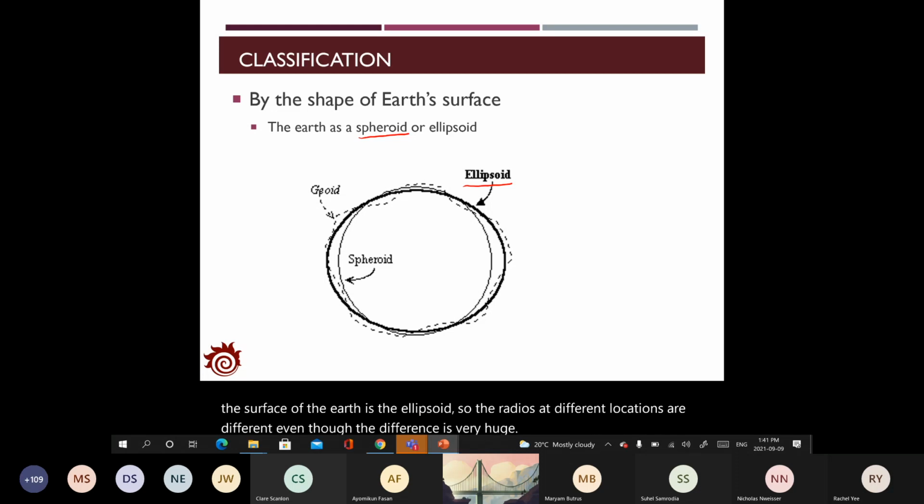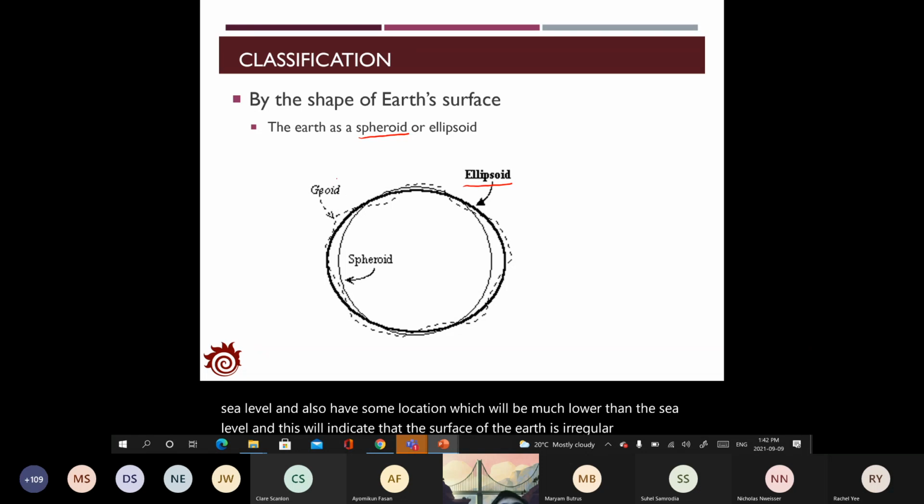And another thing we need to think about is, ideally, we can assume that the Earth's surface is quite smooth, but you know that in reality, it is not true. We have some hills which are above the sea level, and also some locations which are much lower than the sea level. And this indicates that the surface of the Earth is irregular.